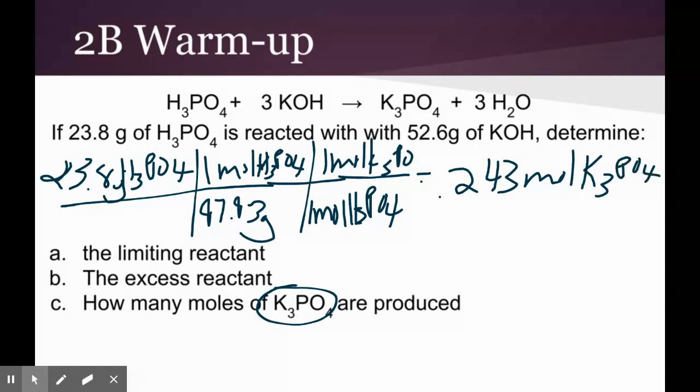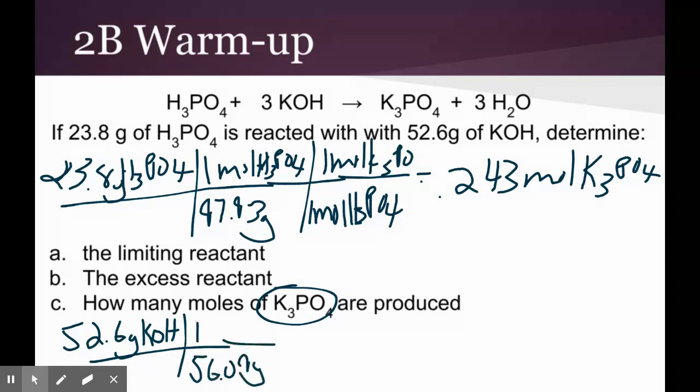K3PO4. Now our second calculation is going from 52.6 grams of KOH to moles of K3PO4. So the molar mass of KOH is 56.09 grams in 1 mole.